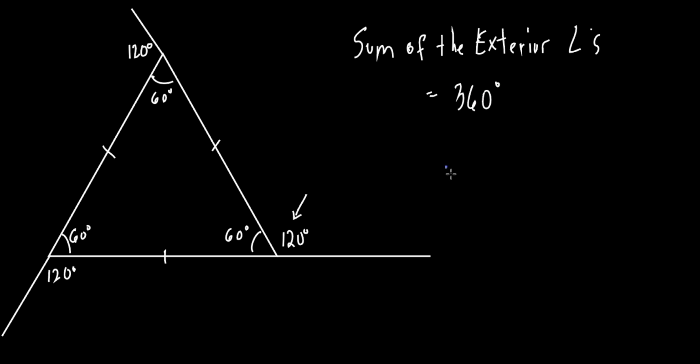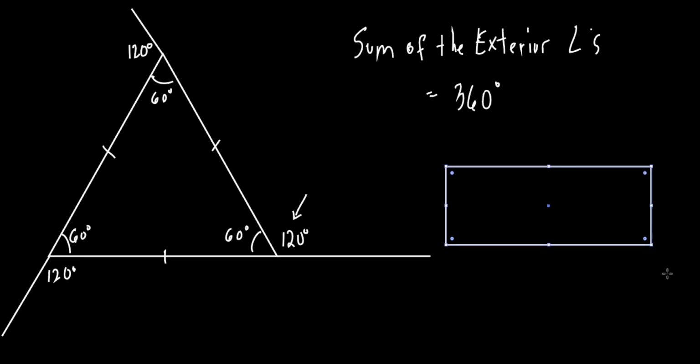Watch this. If I had more time, I'd go a little bit further with this, but this is good enough. If this is a rectangle, what's true about all of these? All right angles. So I'm just going to, I don't have much time. Extend it here. Extend that one.